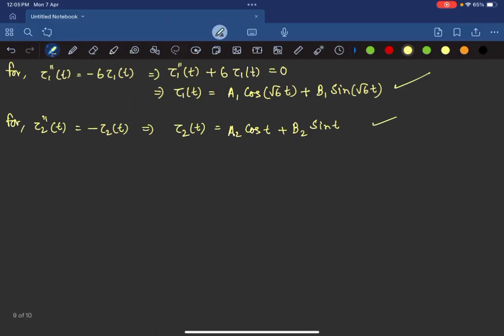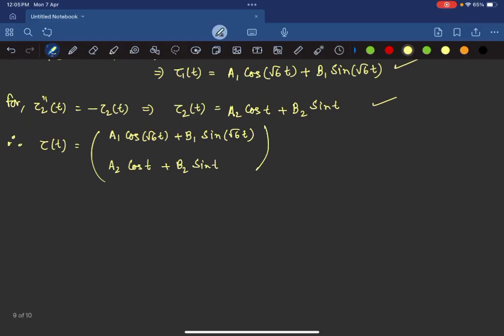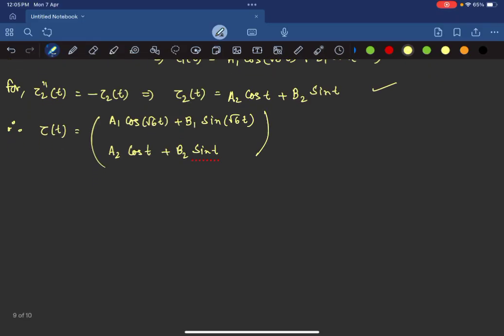So from here what we have as z(t) is A1 cos root 6 t plus B1 sin root 6 t, and here A2 cos t plus B2 sin t. Now these are the constants A1, B1, A2, B2. These constants we need to evaluate using the initial conditions.